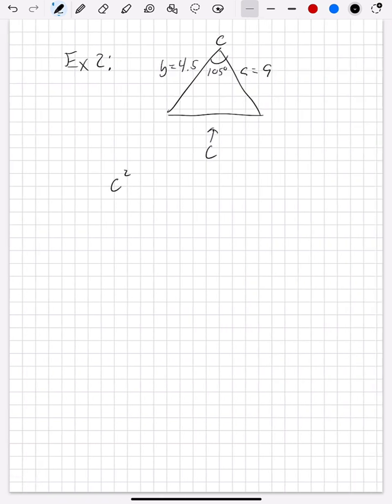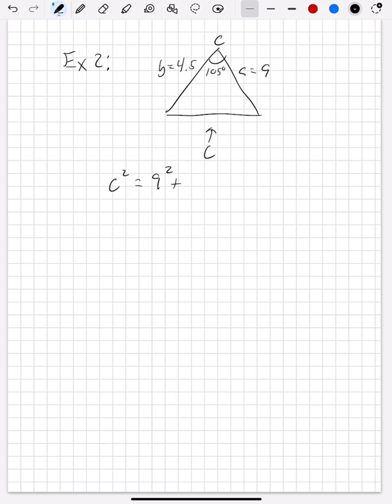So C squared is equal to A squared, so 9 squared, plus B squared, which is 4.5 squared, minus 2 times A, which is 9, times B, which is 4.5, times the cosine of angle C, which is 105.